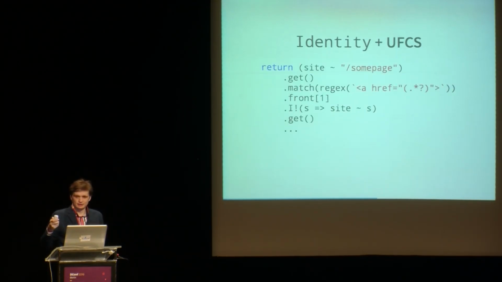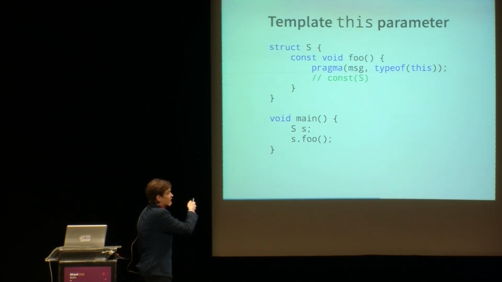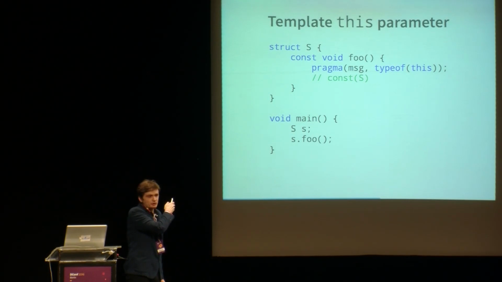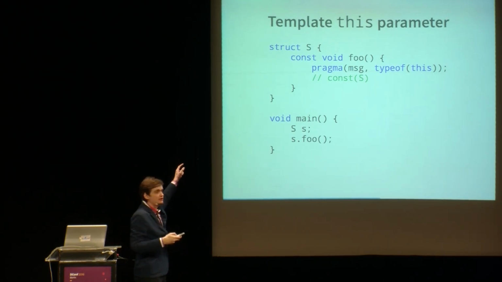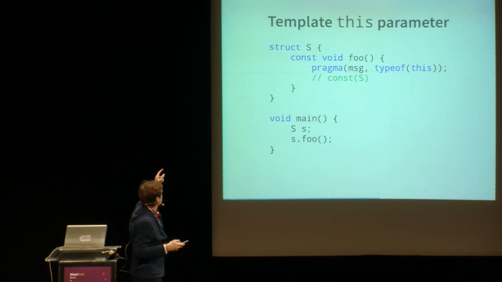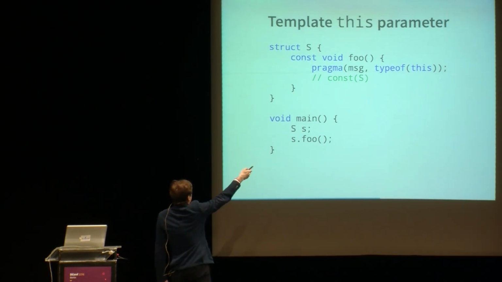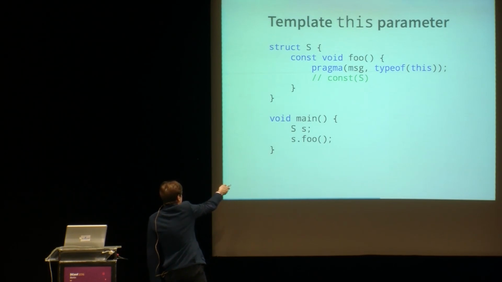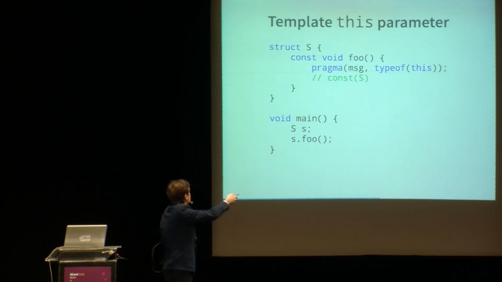Template this parameter. Sometimes you need to call an object and get the type of the object you're actually calling on, which is different from the type of the this pointer, because the type of the this pointer is dictated by the annotations on the method, if you've been listening to Steven's talk. So if you want to get the real type of the variable that we're calling the thing on, you can't use typeof(this).